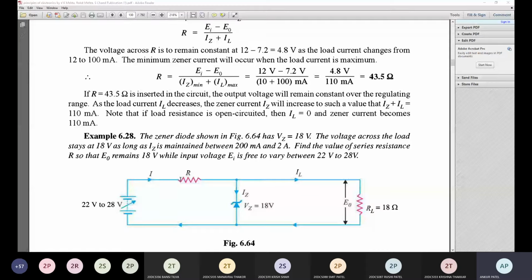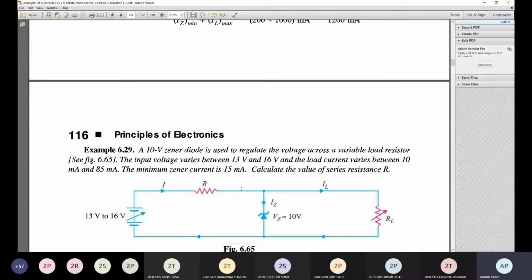Second example. Now the circuit diagram is given. A 10 volt Zener diode is used to regulate the voltage across a variable load resistor.